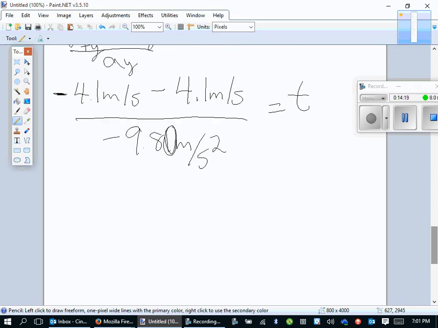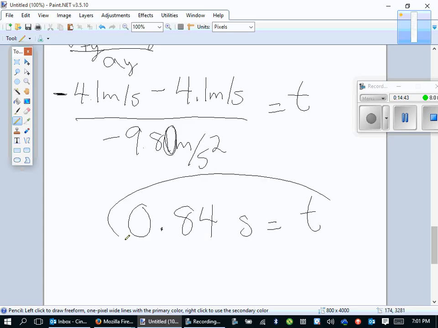Okay, let's look at our units. Meters per second divided by meters per second squared. That's going to give us seconds. Negative 8.2 divided by negative 9.8. Once I do that in my calculator, significant digits, I should get 0.84 seconds.